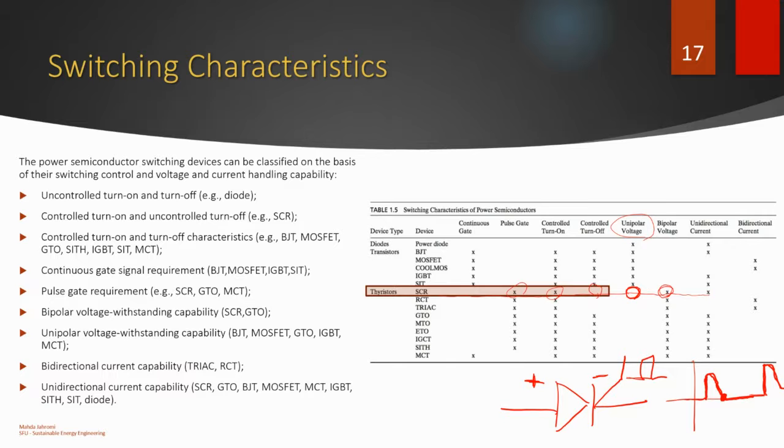I don't know what it means by this, but I'm thinking it probably just means that you can have SCRs that are symmetrical, like a diode that works in the Zener region. Unidirectional current, so the current only goes one way.